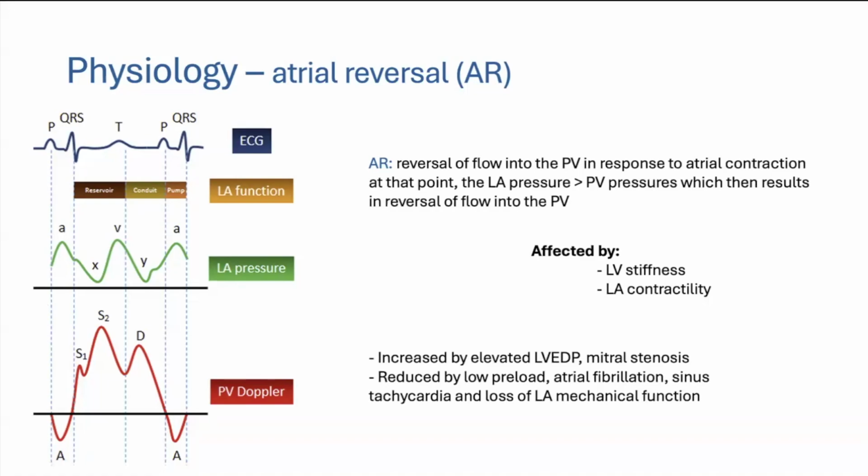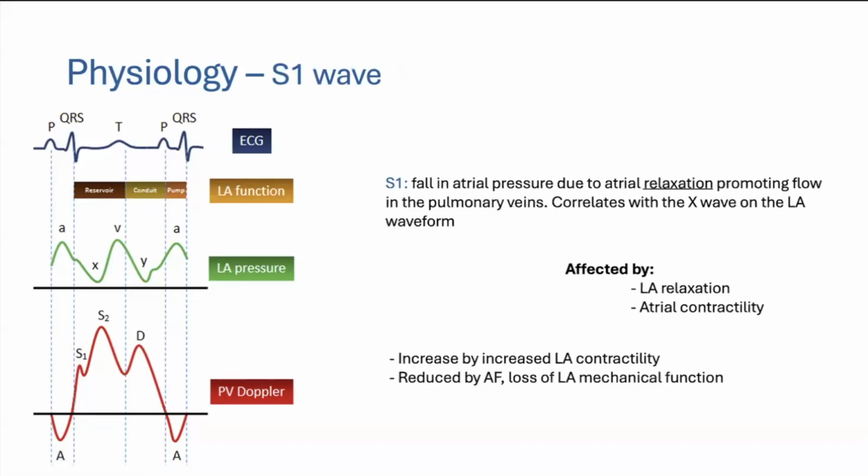Things that will make it increased are increased LV EDP, or mitral stenosis, because of the elevated pressures in the left atrium, and it's reduced if you have a low preload. Remember what we said about the right side affecting the left side on the waveforms. So if you have a low preload, you get a lower A wave.